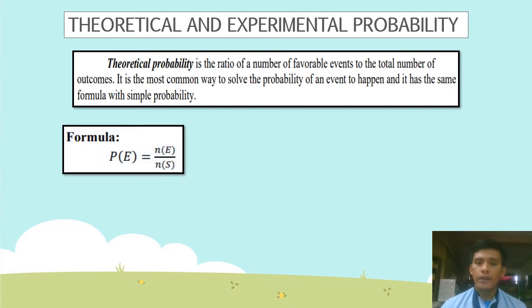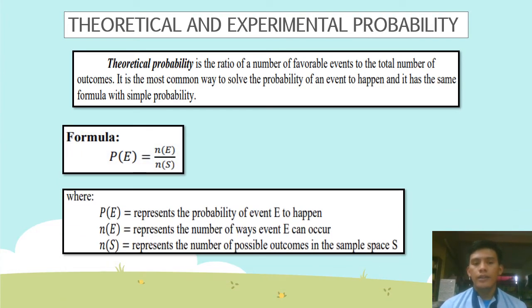So N(E) represents the number of ways event E can occur, and N(S) represents the number of possible outcomes in the sample space S. And P(E) represents the probability of event E to happen.